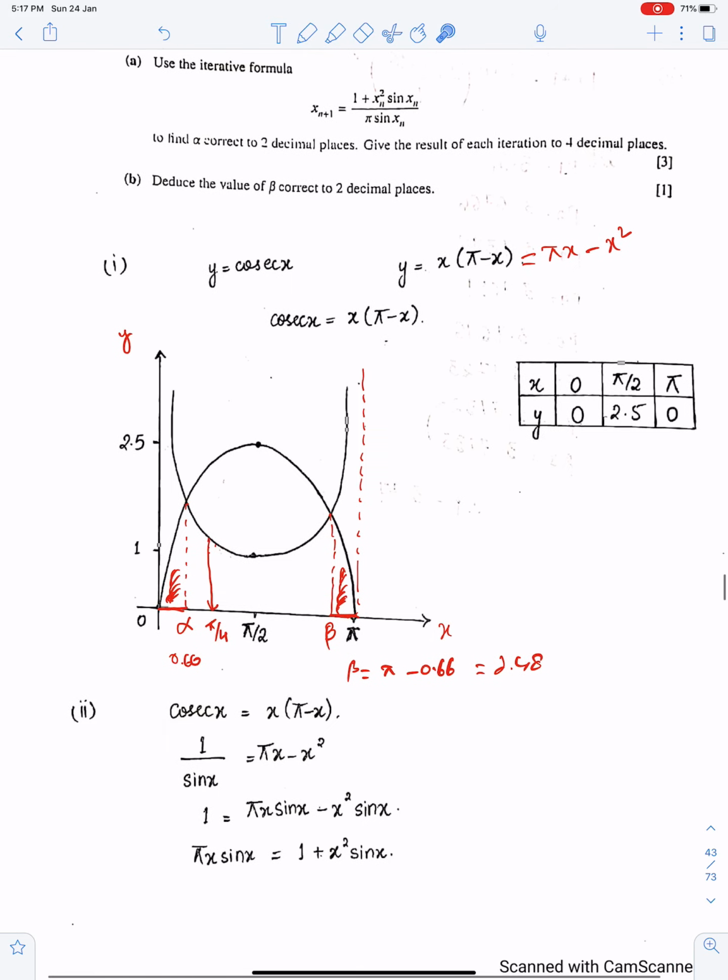Now, according to symmetry, since this answer is 0.66, this difference should also be 0.66. So we can get beta by subtracting 0.66 from pi. This is 0.66, so pi minus 0.66 is beta. So beta is 2.48.